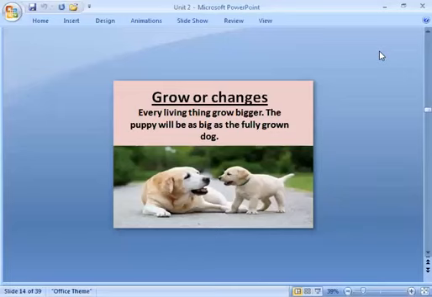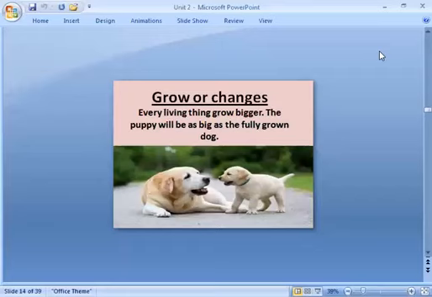Yes, cat, dog, gain its weight, gain height. Okay, do you know the name of baby animal and any adult animal? Okay, the name of baby dog is puppy.